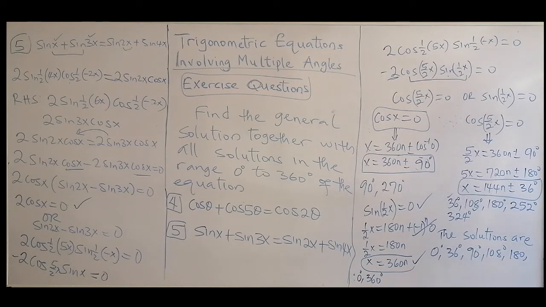After 180, 252. After 252, 270. After 270, we can have 324 and 360. So this is the list of solutions for this question. Okay, and that's the end of that.